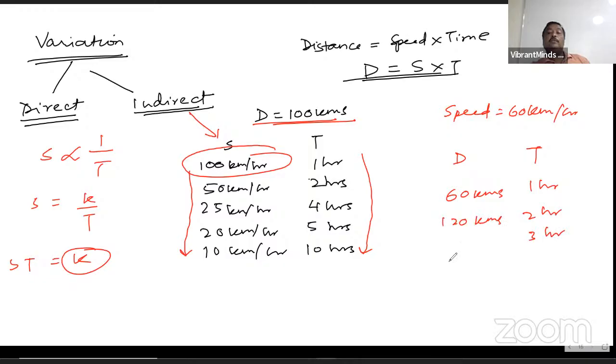If it is 3 hours, the distance will be 180 kilometers. One unit is increasing, the other unit is also increasing. It happens when distance is directly proportional to time. Is it clear? Distance here is directly proportional to time. Am I clear, guys? Okay.